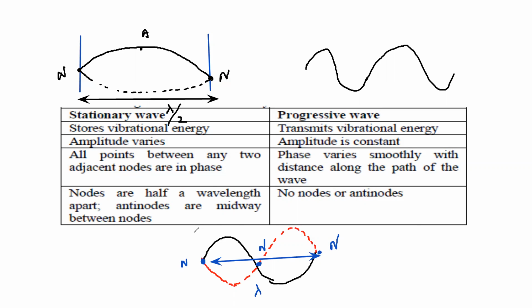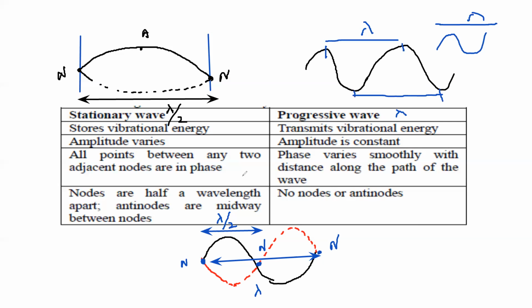But what is the distance between two successive nodes? When two nodes are there, what will be the distance between them? That will be equal to lambda by 2, or we also say half of wavelength. But here in a progressive wave, there is no antinode or node. The distance between two crests will be lambda, or the distance between two troughs will be lambda, one complete wavelength.